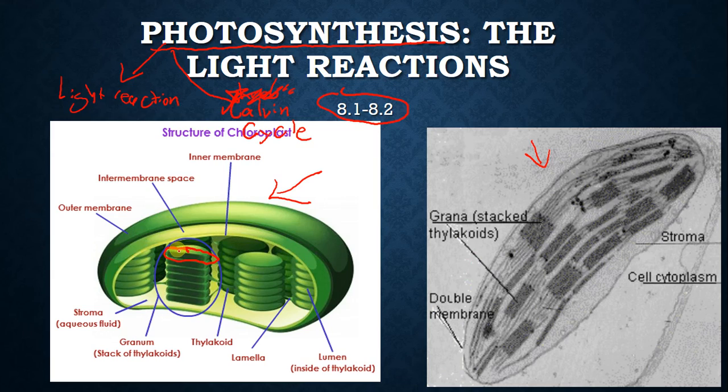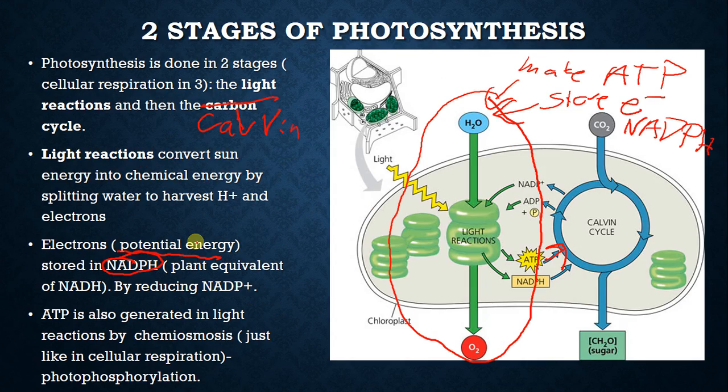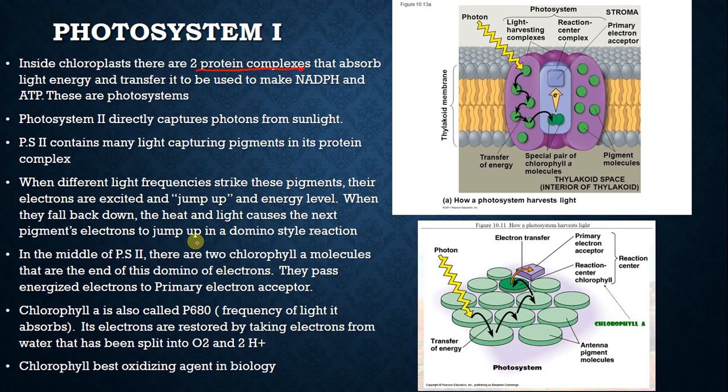These photosystems are in the membrane of the thylakoid, and they absorb light energy and transfer that energy in the form of electrons into NADPH and ATP. There are two photosystems, photosystem 2 and photosystem 1. The first one we'll talk about is photosystem 2.